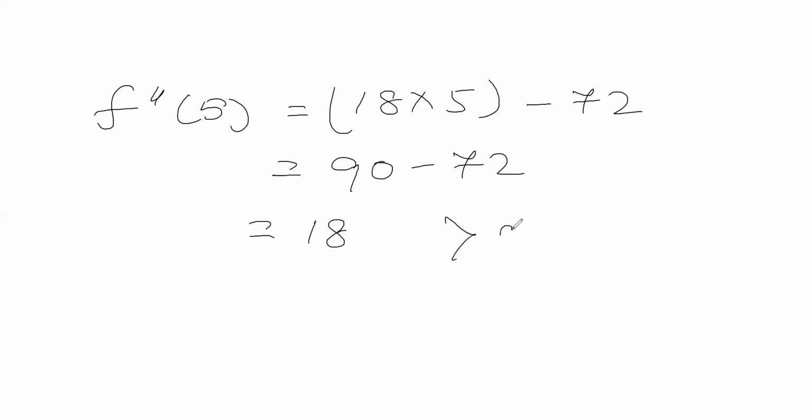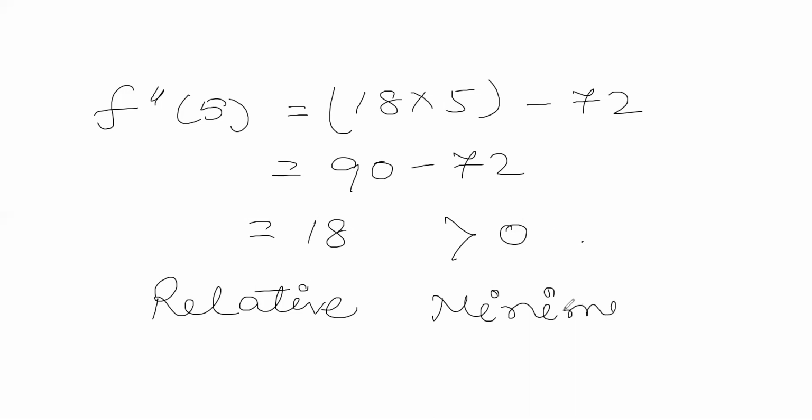Now this is a positive value, and this value is providing me with a different decision, which is showing that it is at its relative minimum and it is convex in shape.